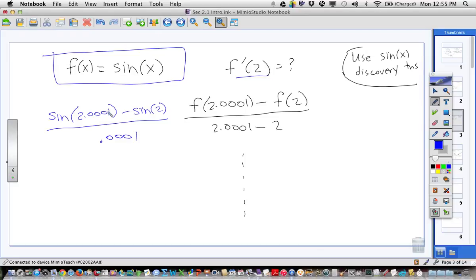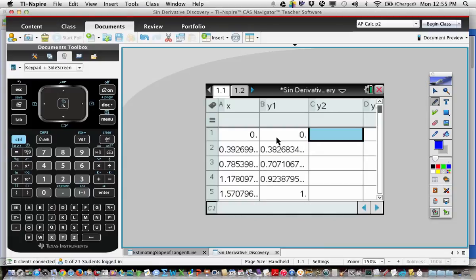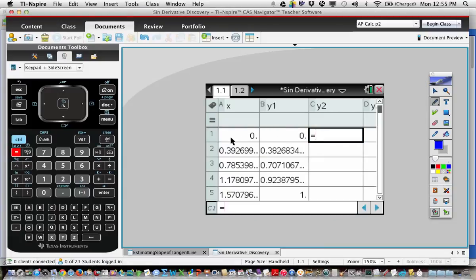So I need to do this. This would be the slope of sine at 2. Well, I want to do the sine at 0 here. So I'm going to go equals to give me a formula. I'm not doing the sine at 2.